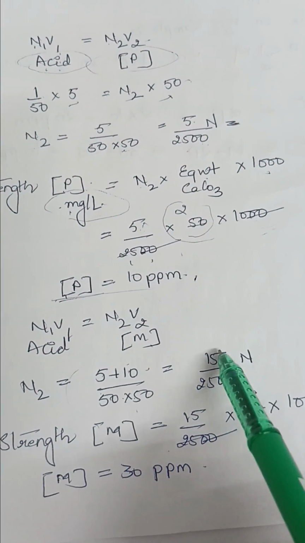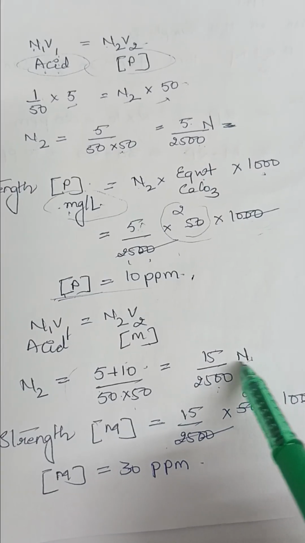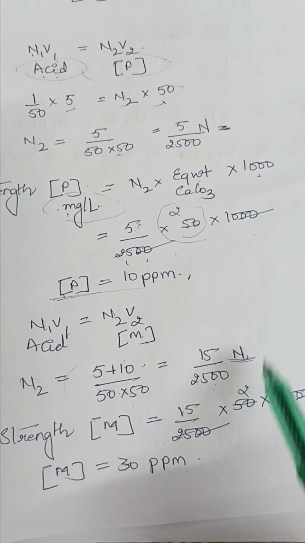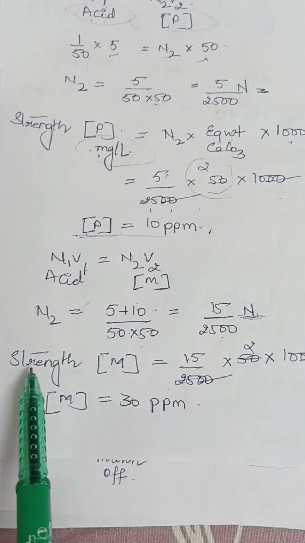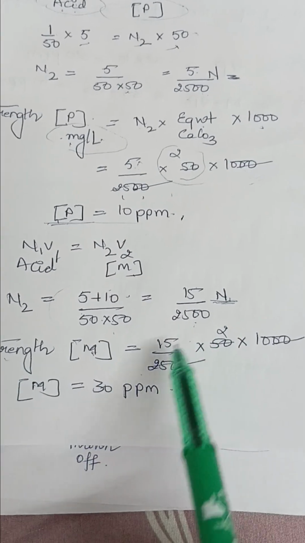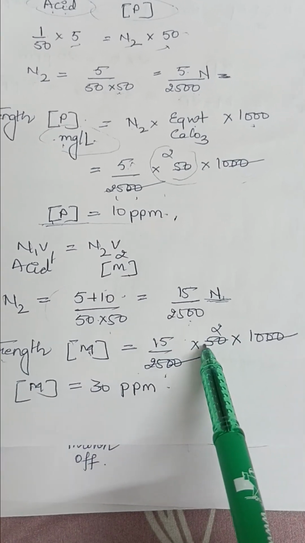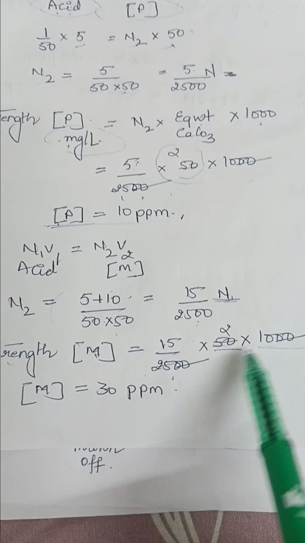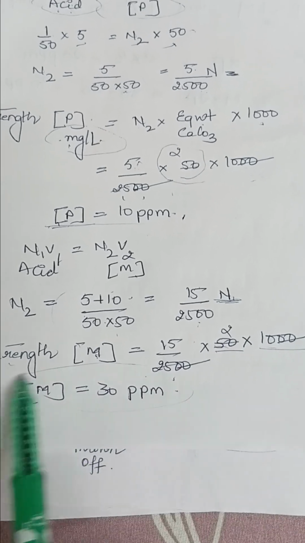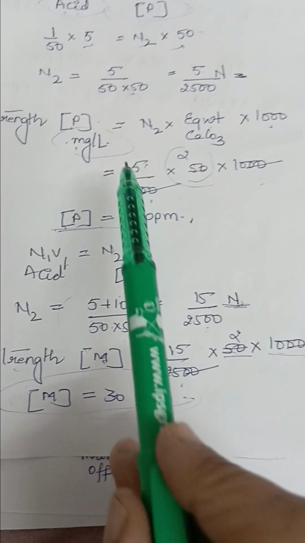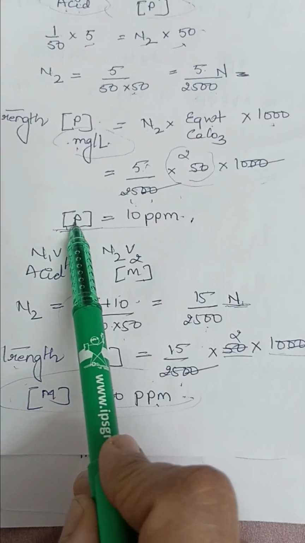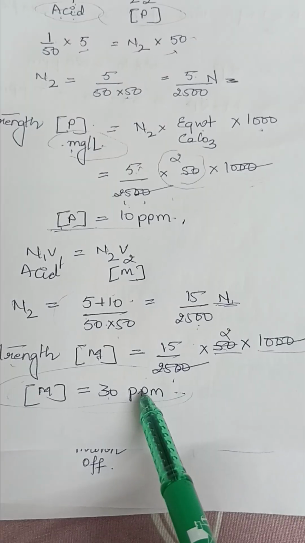So here it will be 15 by 2500, N being the normality unit of N2. In a similar way, the strength of M is 15 by 2500 into 50, the equivalent weight of CaCO3, into 1000. So the total strength at M is 30 ppm: 10 ppm with respect to phenolphthalein, 30 with respect to M.